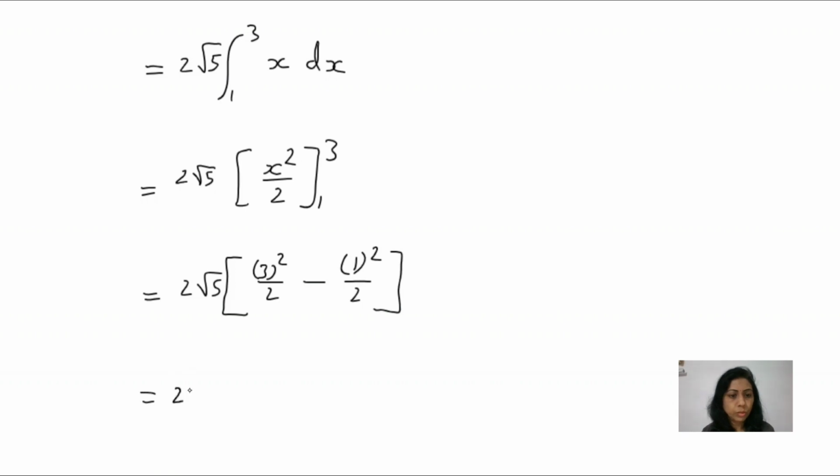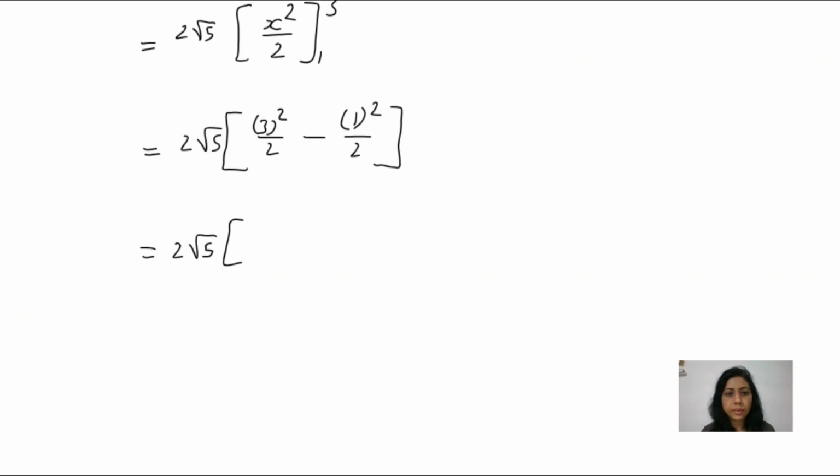So this is 2 square root 5. Here 3 squared is 9 by 2, and 1 squared is 1 by 2.